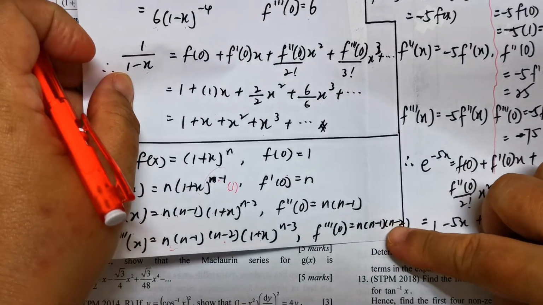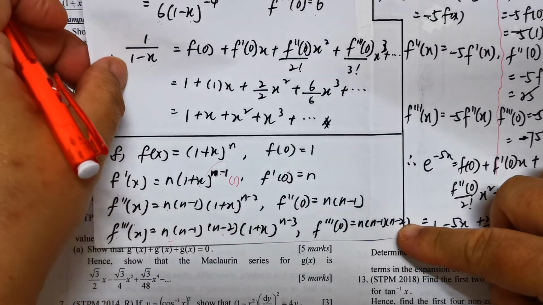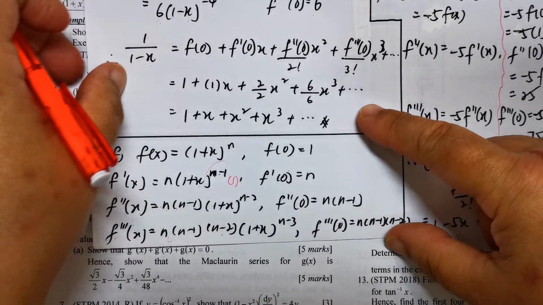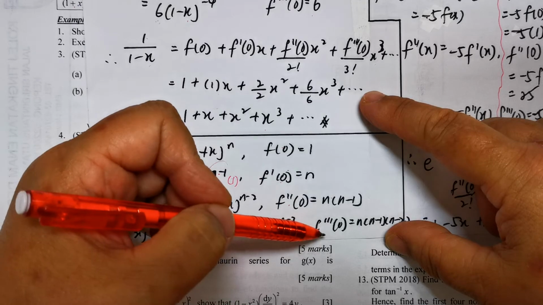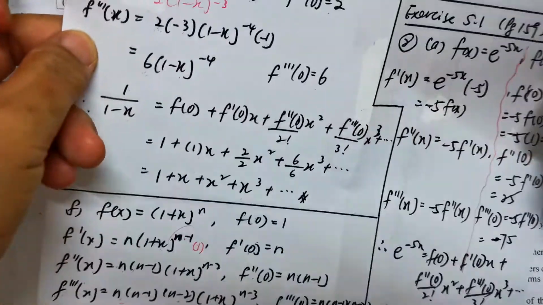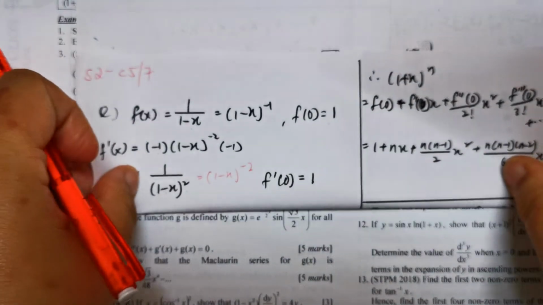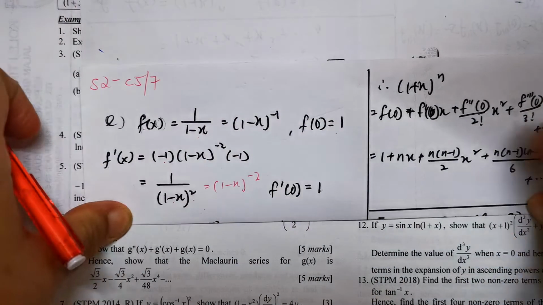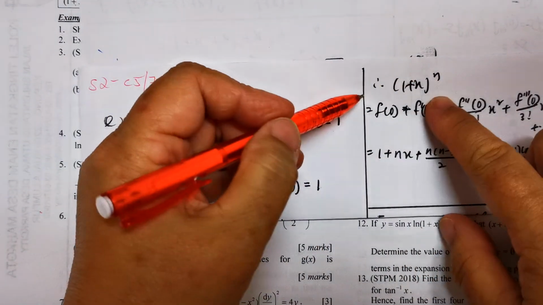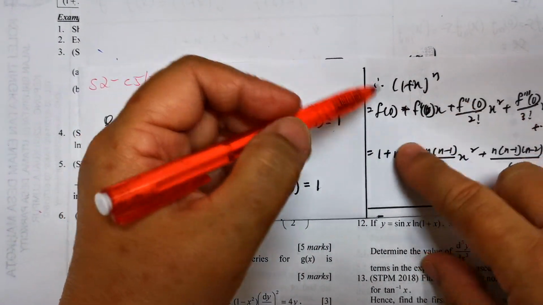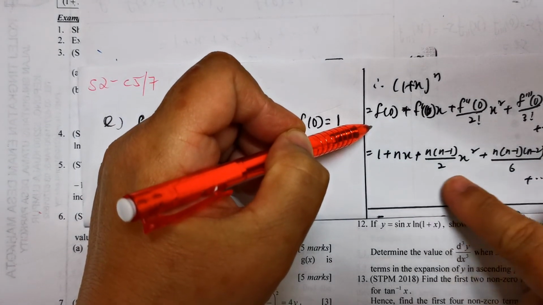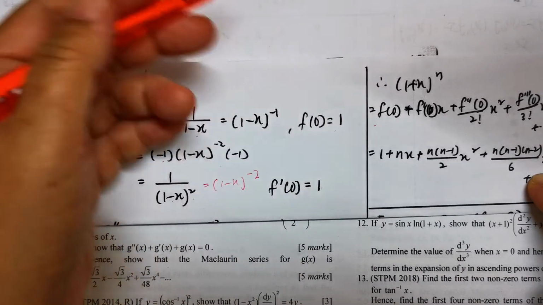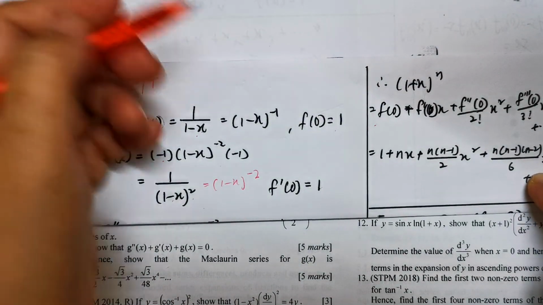See? Okay, so after you got your f(0), f'(0), f''(0), f'''(0), therefore, your (1 plus x) to the power of n, copy the Maclaurin's theorem, then sub all the values in. You can refer back to your Sem 1 binomial series and you check.